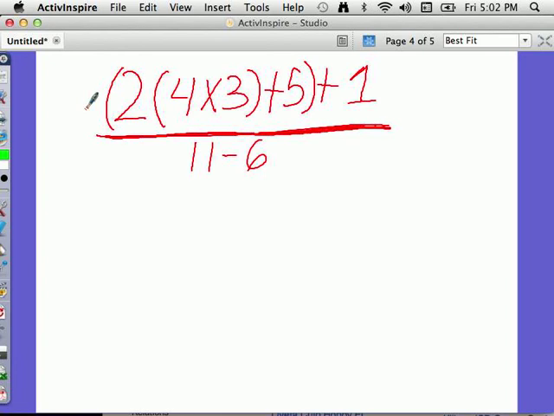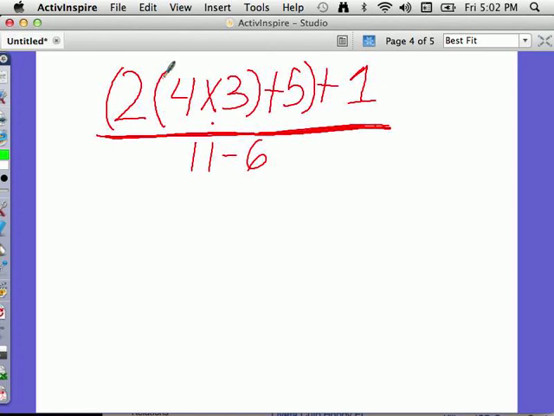If I was to break this problem down, I also noticed I have parentheses inside of parentheses. Wow. I remember telling my class to always go from the innermost to the outermost. So therefore, the first part of this problem would be what? 4 times 3. Exactly.